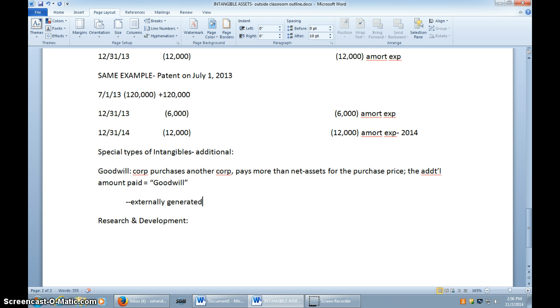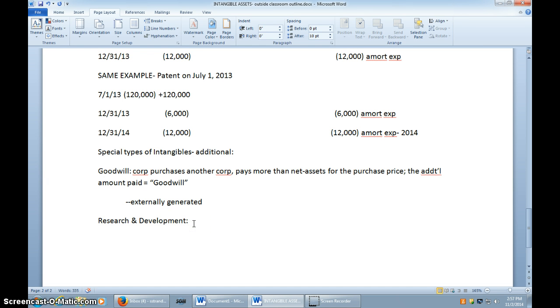It means outside the company, because we as the corporation purchased another company and paid something more than the asset value of that company. We bought some goodwill, basically, is what that amounts to.